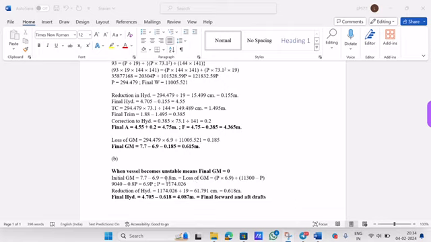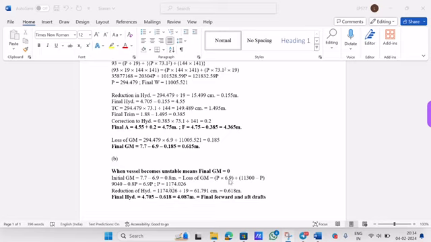So the initial GM should be equal to the loss of GM, so P into KG divided by W minus P. We know the initial GM 0.8, equate to that thing. So the final answer will be P is equal to 1174.026.